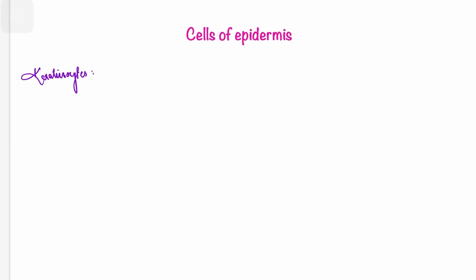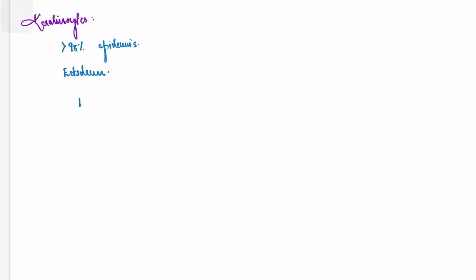Keratinocytes are the most important cell. They form more than 90 to 95% of the epidermis, and they are derived from the ectoderm, and they are non-dendritic cells. And these keratinocytes contain keratin.